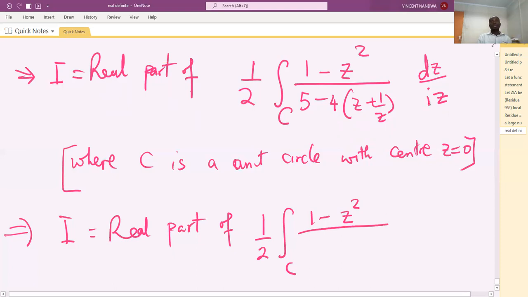You see, I can factor this out, so I put here i z, and I multiply by every term here, so I'll have 5z minus 4 times z is z squared, minus plus is minus, z times z is 1.